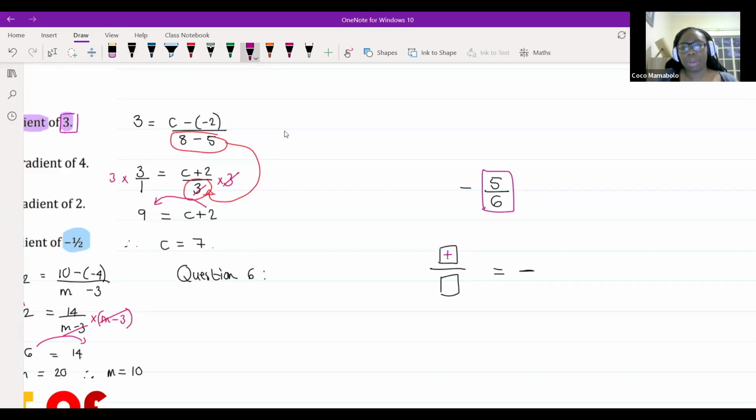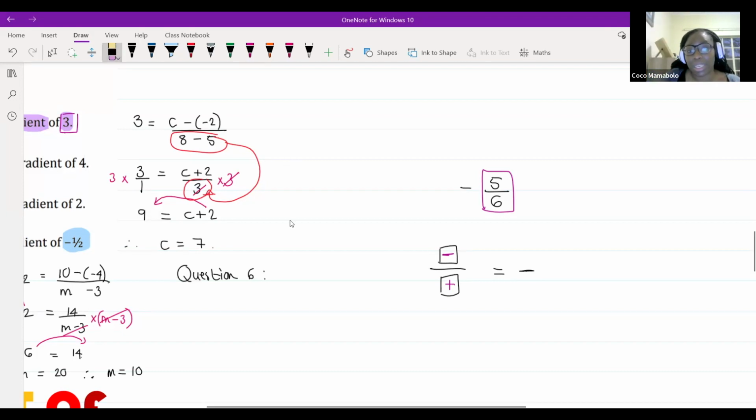Correct. Now, if the top was negative and I wanted my answer to come out negative, the bottom would have to be positive. Agreed? So with a negative fraction, it doesn't really matter which one of them is negative, as long as one of them is positive and the other is negative.